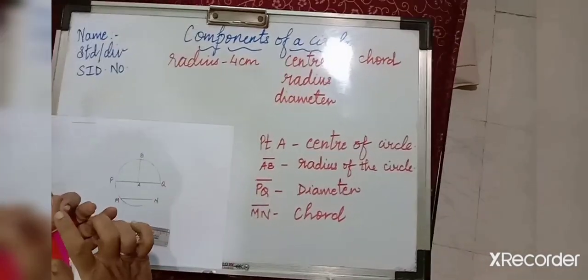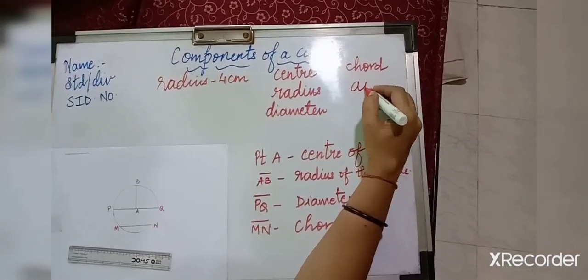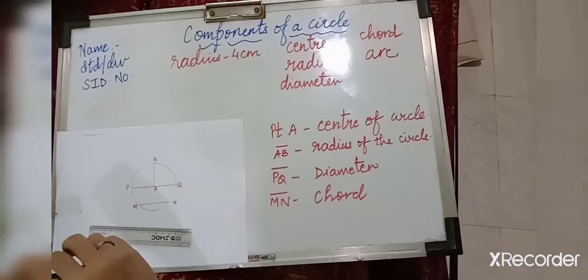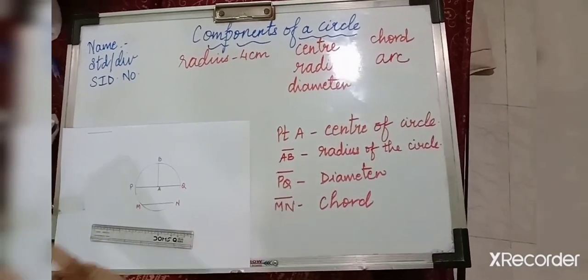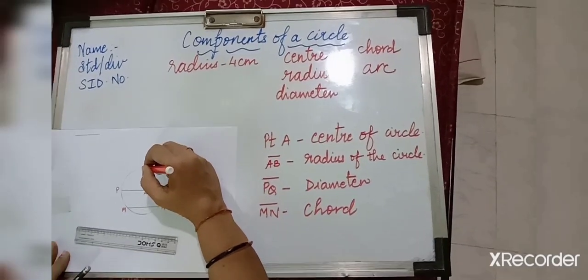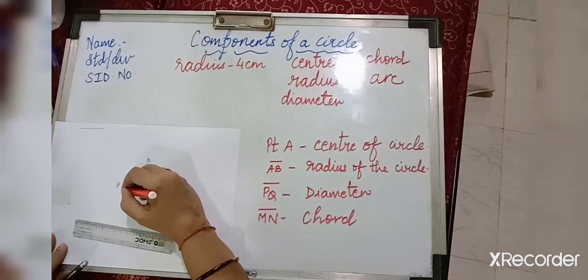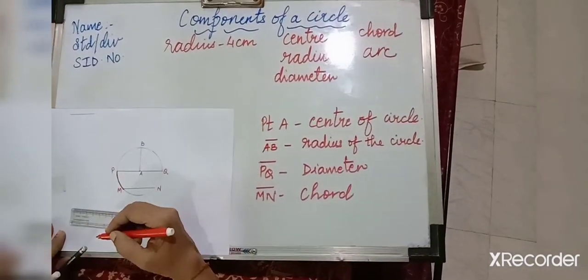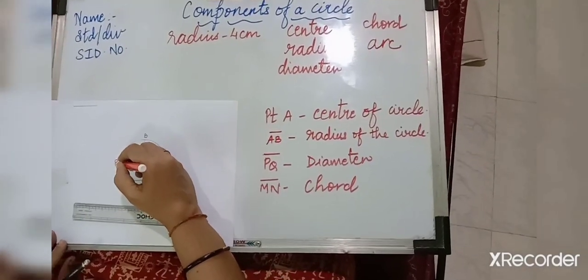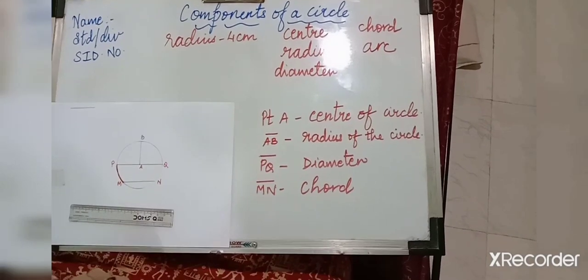Now coming to the last component of a circle, that is the arc. Now what is an arc? Suppose I take any 2 points on the circle, say P and M. The part of the curve of the circle is called the arc.